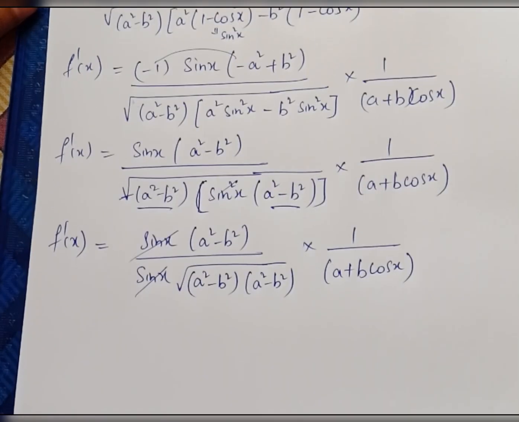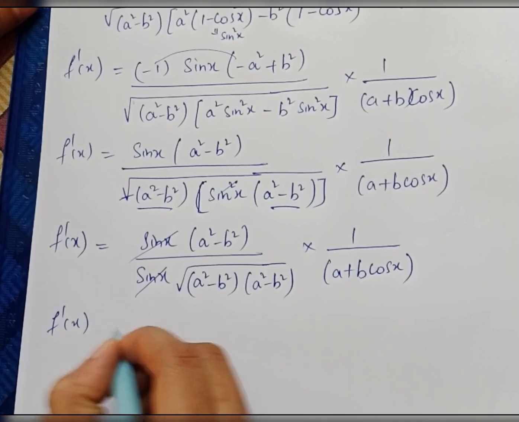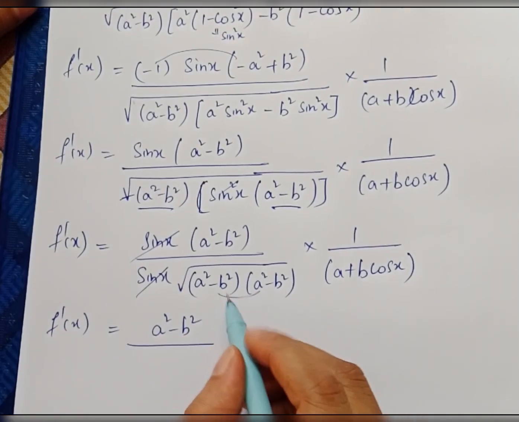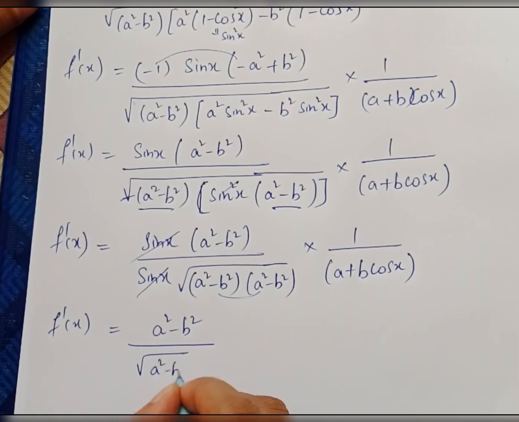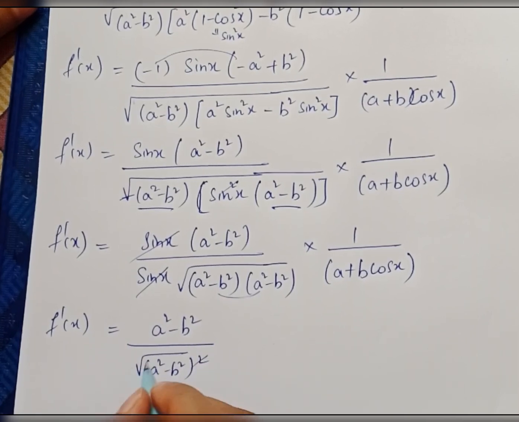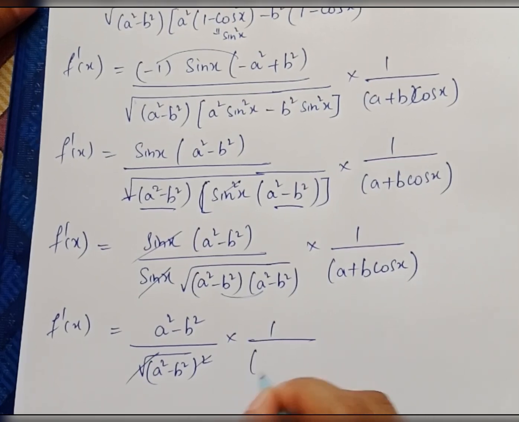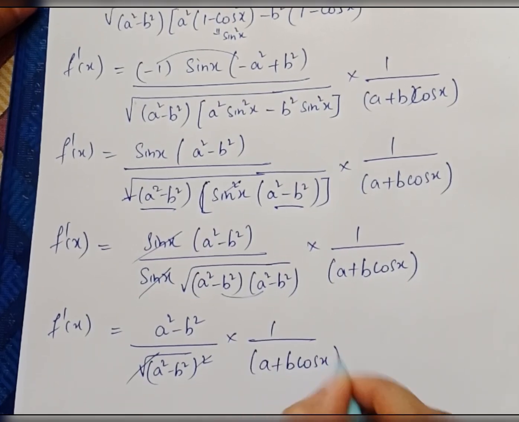Sin x gets cancelled. f dash of x is equal to a square minus b square by root of this, and this is the square root of a square minus b square, right? Square and root get cancelled, so it is into 1 by a plus b cos x.